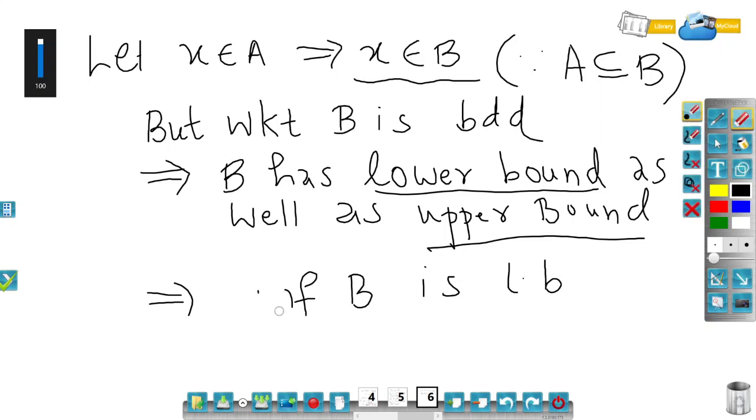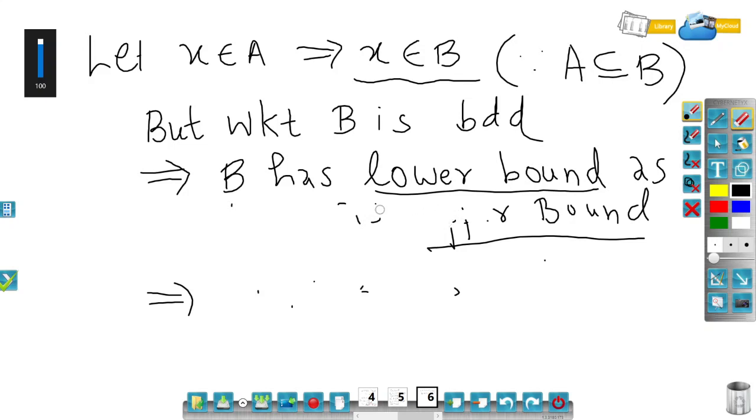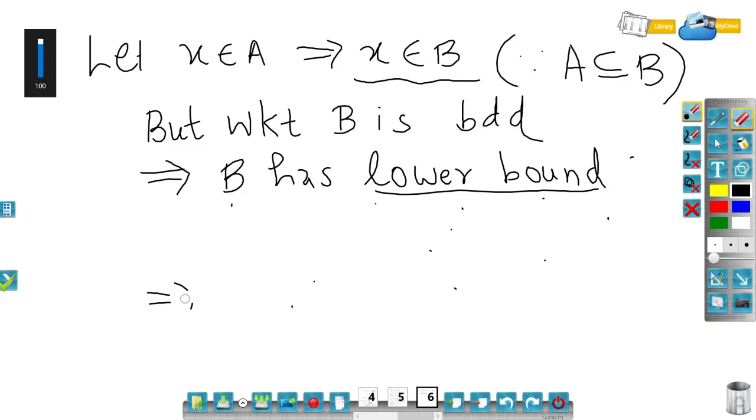So instead of writing this, I am not concerned about the upper bound now. I will only go for the lower bound. The second part I will use in the second part. So B has a lower bound, so infimum B is a lower bound.